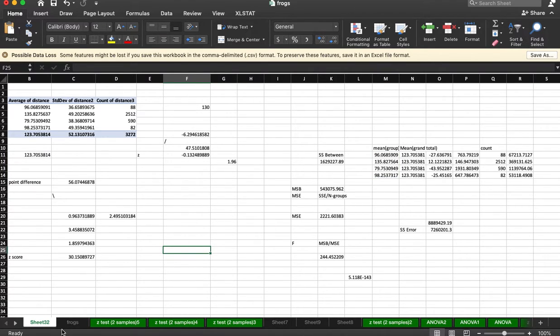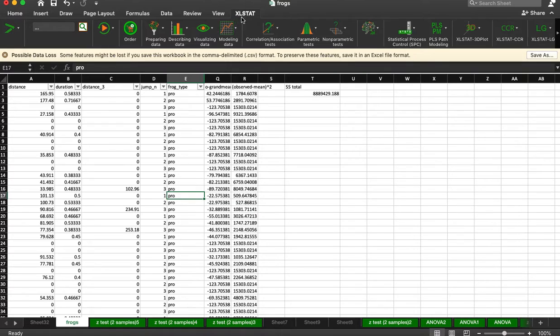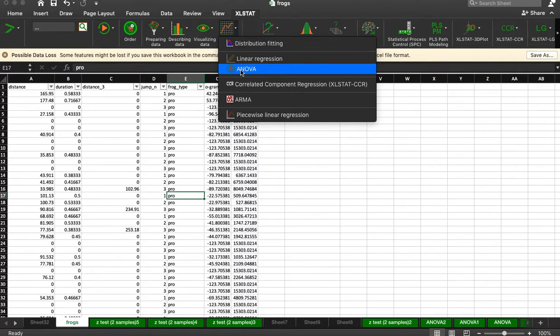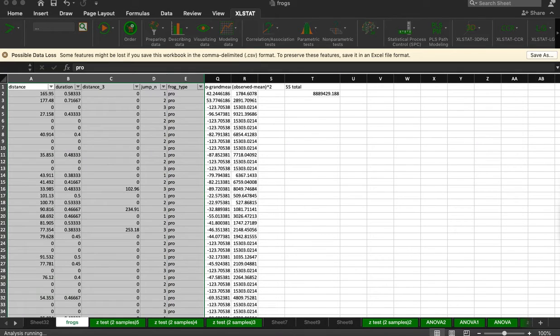Okay, that's a lot of steps to do it by hand. It's much easier to do this by computer. We'll go to XLSTAT, modeling data, ANOVA. Our quantitative variable is distance. Our qualitative is frog type. Hit OK.